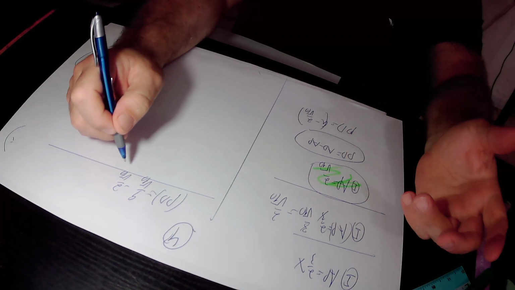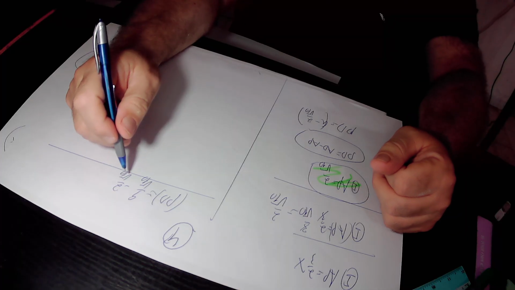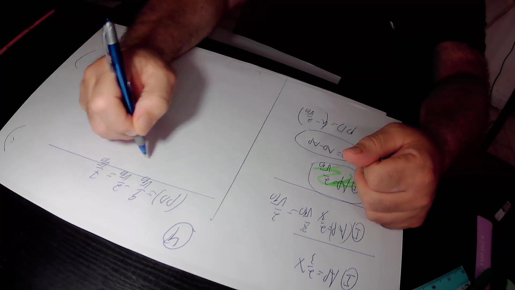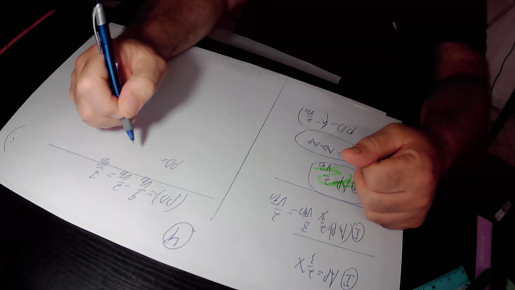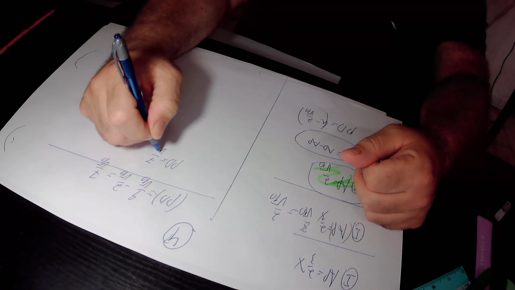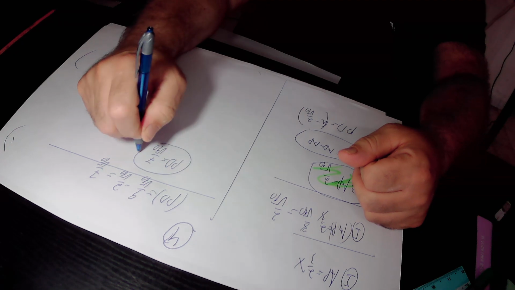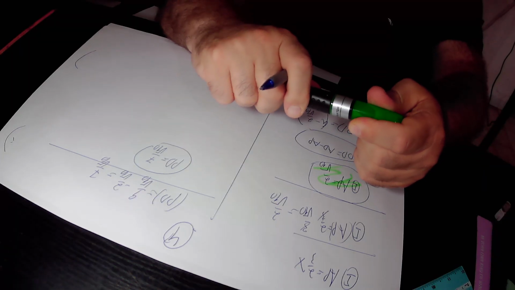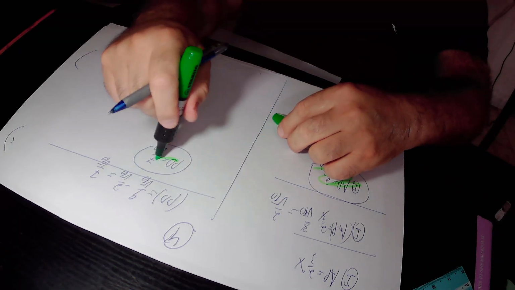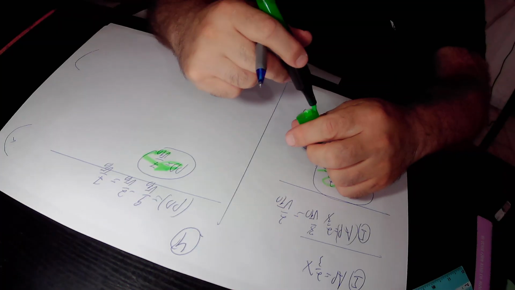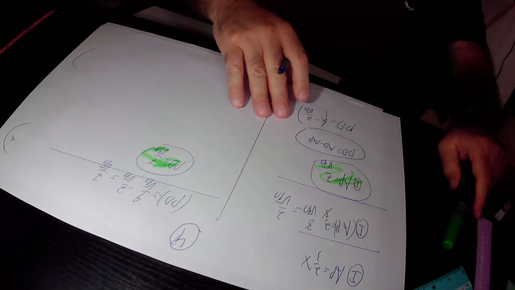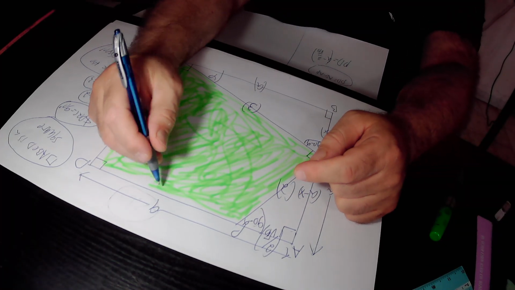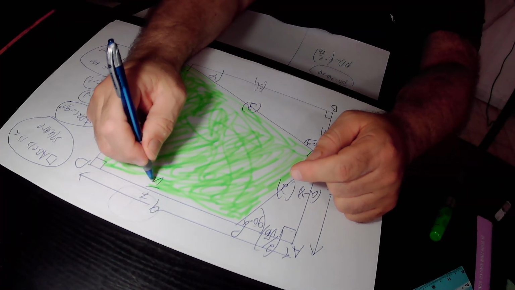So in total, PD equals 9 over the square root of 10 minus 2 over the square root of 10, that is 7 over the square root of 10 units in its length. PD equals 7 over the square root of 10 units in its length.